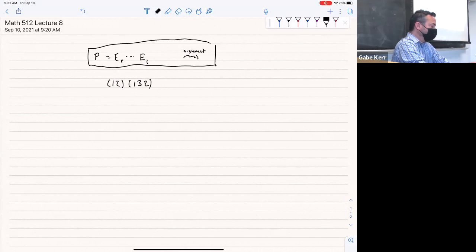Imagine these as two functions, and you put in some number here. This is the first permutation to act on it. After you've acted on that number with this permutation, you act on whatever you get with the next permutation, the first and then the second. And of course, if you have more, you can keep on going to the left.